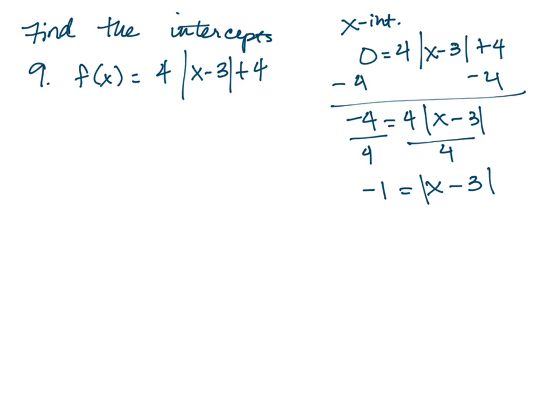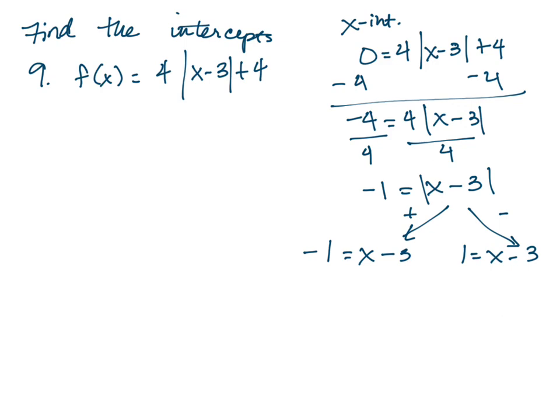So at this point, we want to split the absolute value. One option is negative 1 equals x minus 3, and the other is the positive option, where we flip the sign on the answer. So I'm evaluating negative 1 and positive 1.